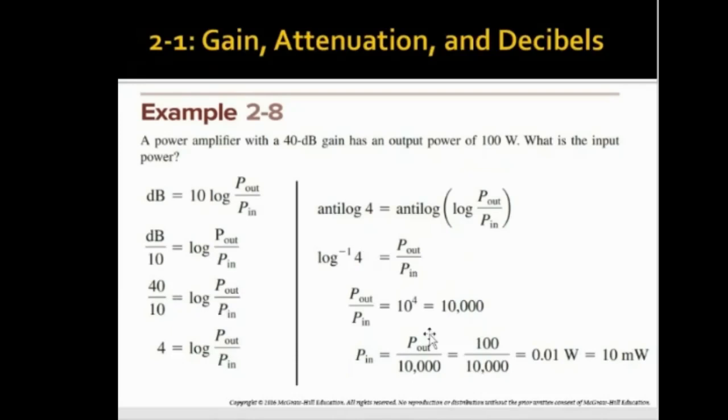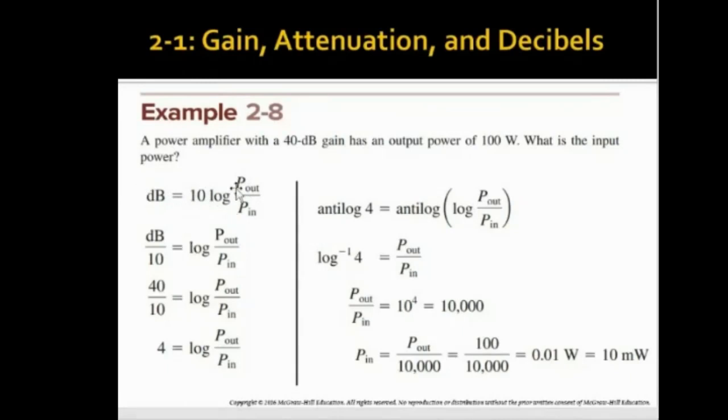We have one example to understand this better. A power amplifier with a 40 dB gain has an output power of 100 watts. What is the input power? Now we write our general equation, dB equal to 10 log P out over P in.